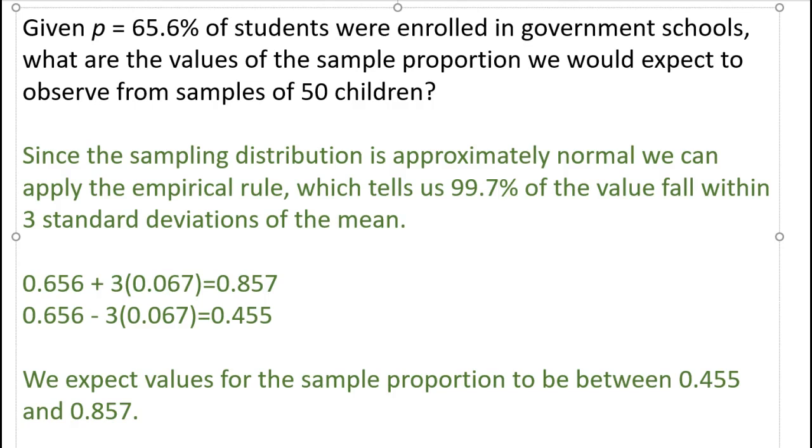So here, we are going to take the mean plus and minus 3 times the standard deviation. This will give us a range of values for which we can expect the sample proportion to fall in. So this tells us we expect values for the sample proportion to be between 0.455 and 0.857.